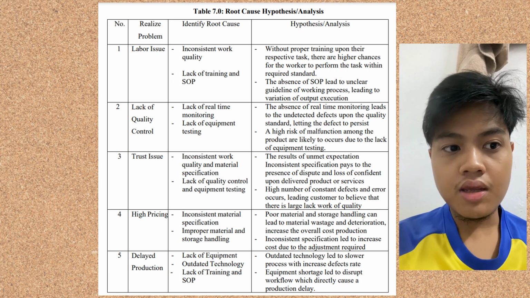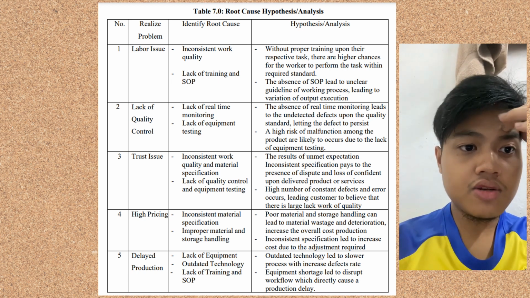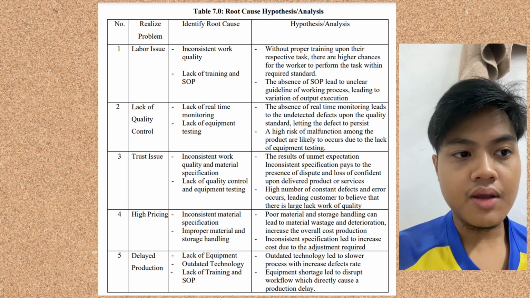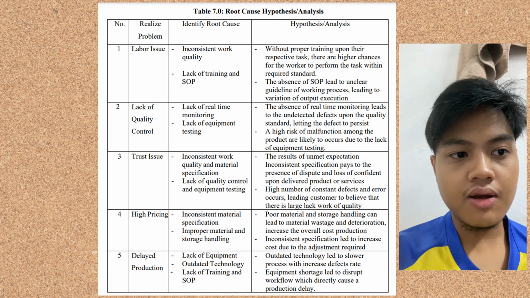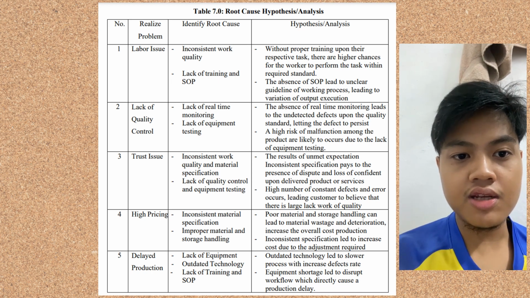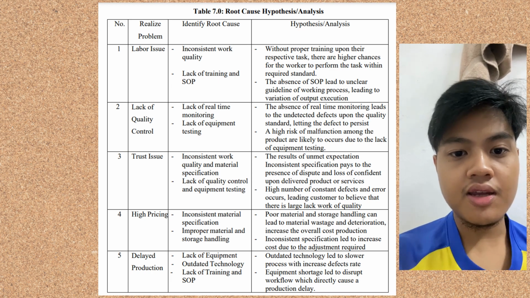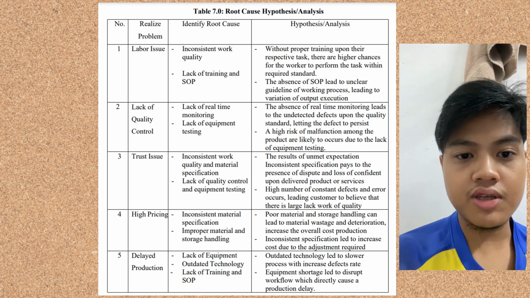And number 3, we have trust issue, which happens because there is a defect in the item. Next, number 4 is high pricing, because there is material wastage caused by poor storage. And lastly, number 5 is delayed production because of the outdated technology used in the manufacturing.